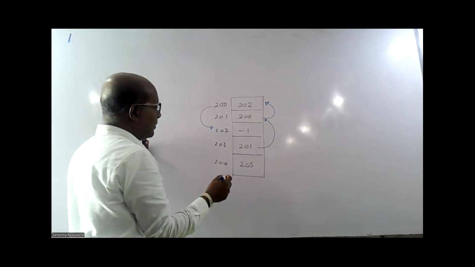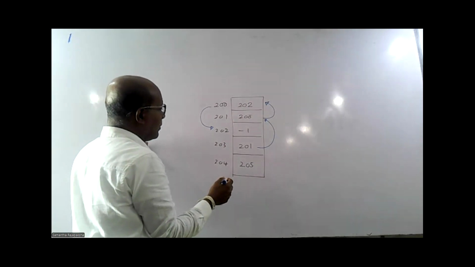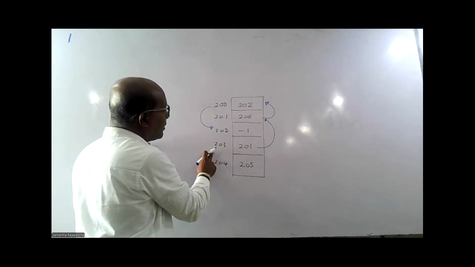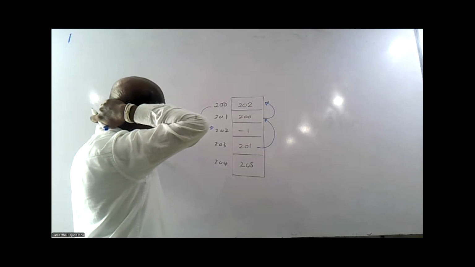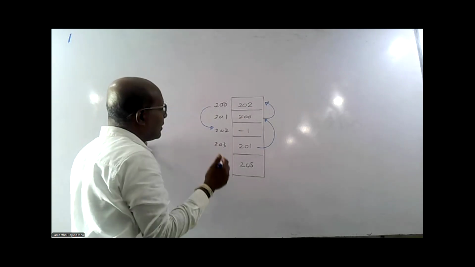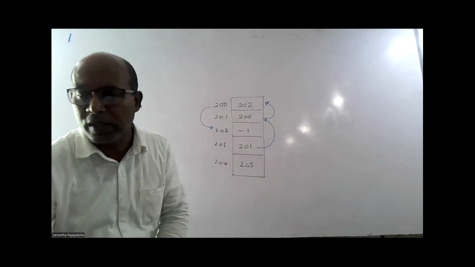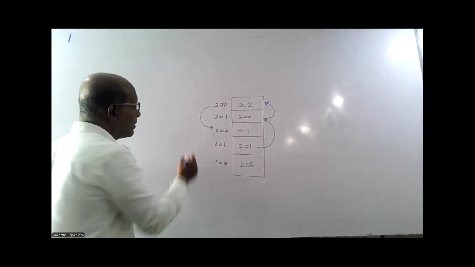Then 203 is not pointed by anyone. 203 is not taken. So you can see the starting should be 203.